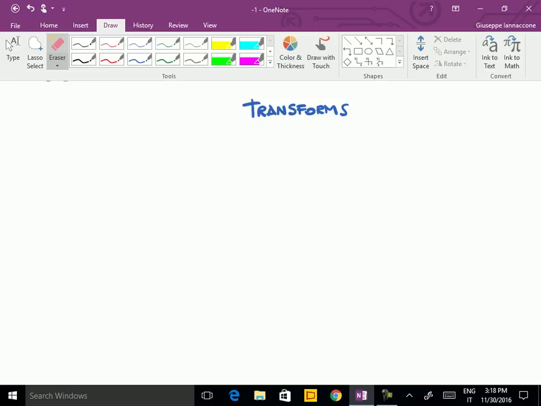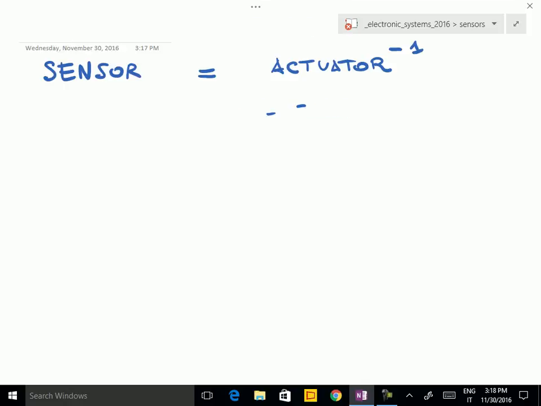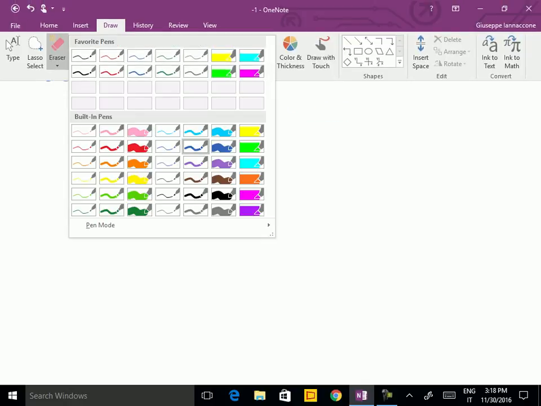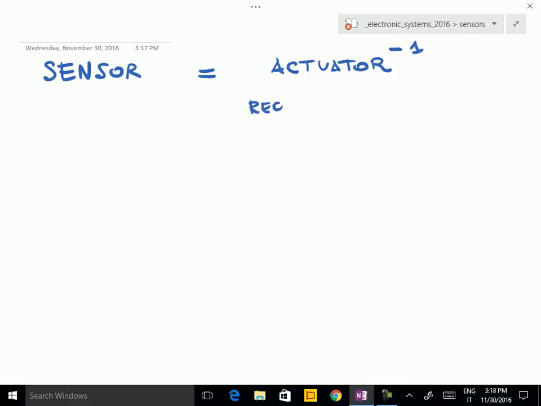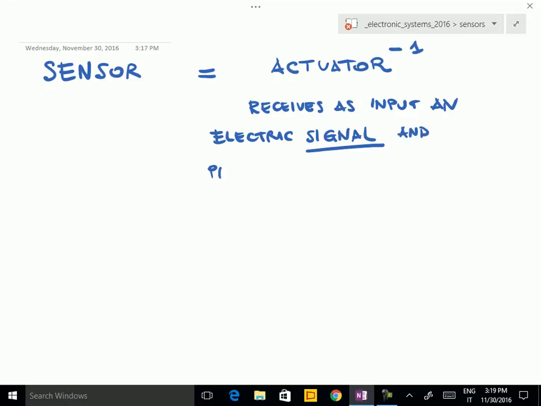So if I want to write the same expression, instead of transforms, I can write receives as input an electric signal, and provides a stimulus at the output.